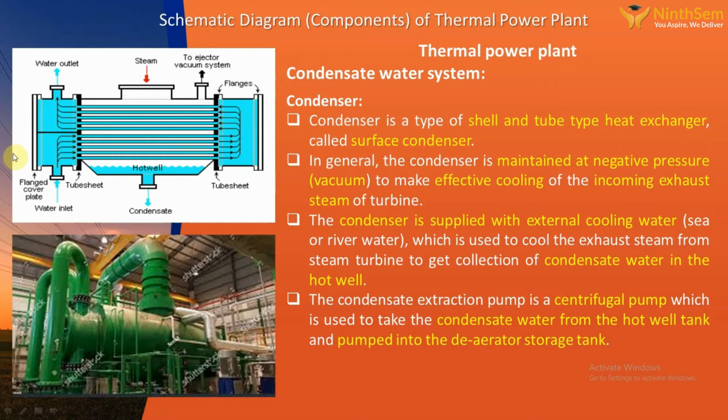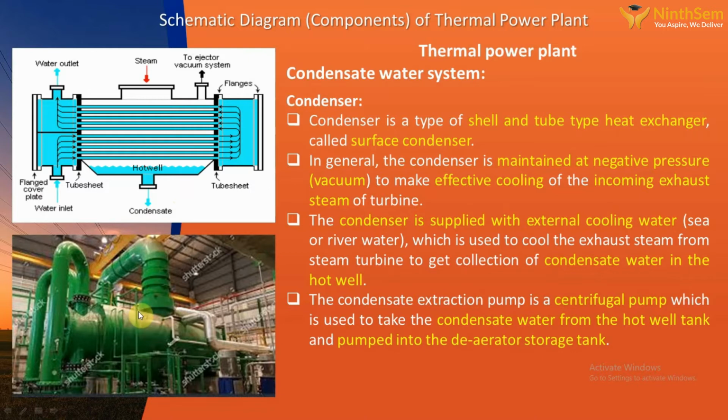This cooling water may be river water, raw water, or sea water. On the shell side, the steam comes in, gets cooled and condensed, and becomes water. This water goes to your deaerator. So this is the general arrangement of our condenser heat exchanger.